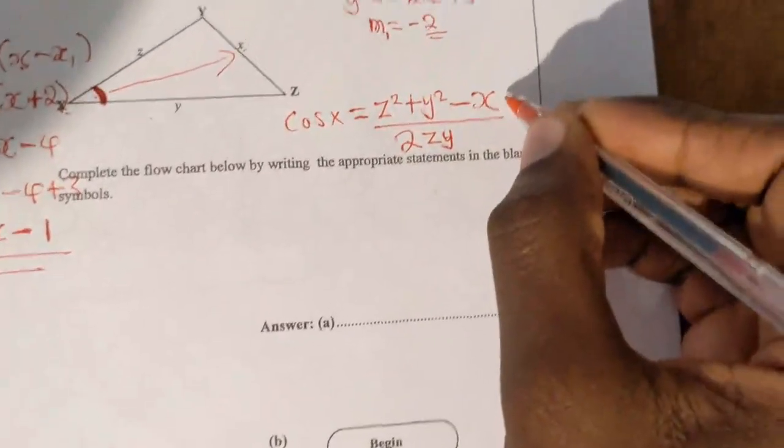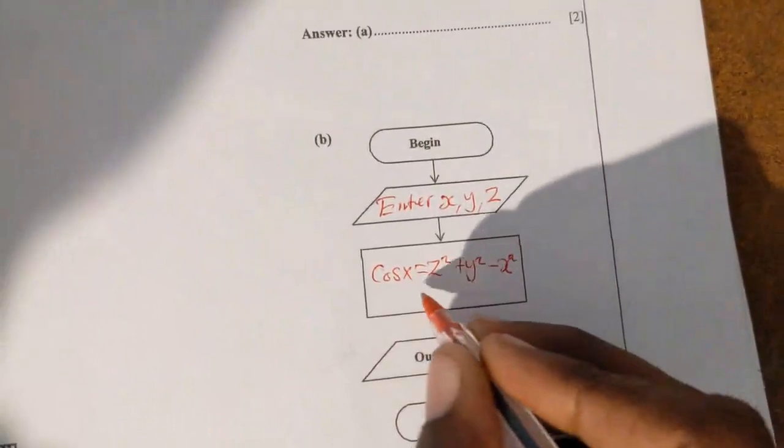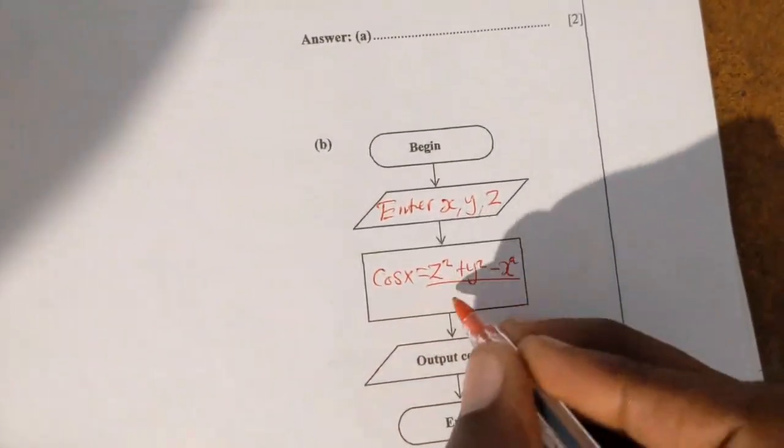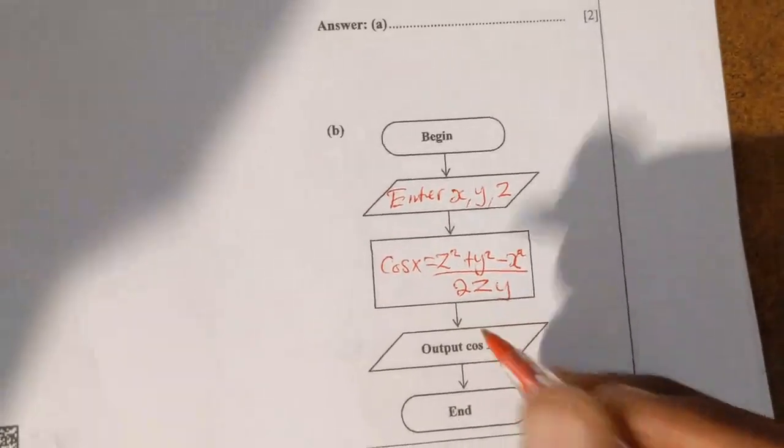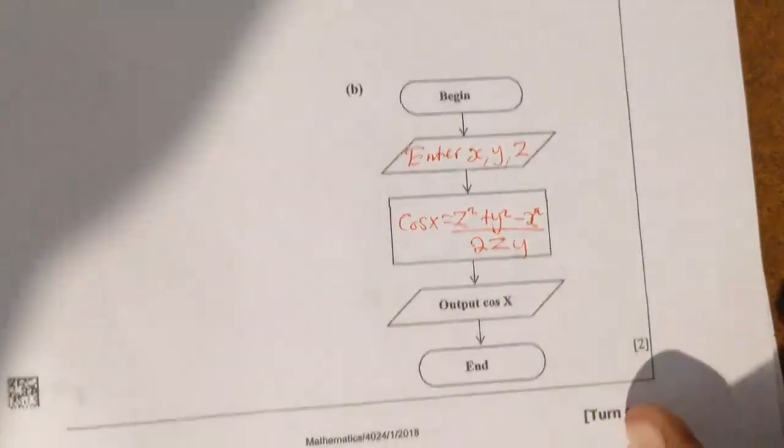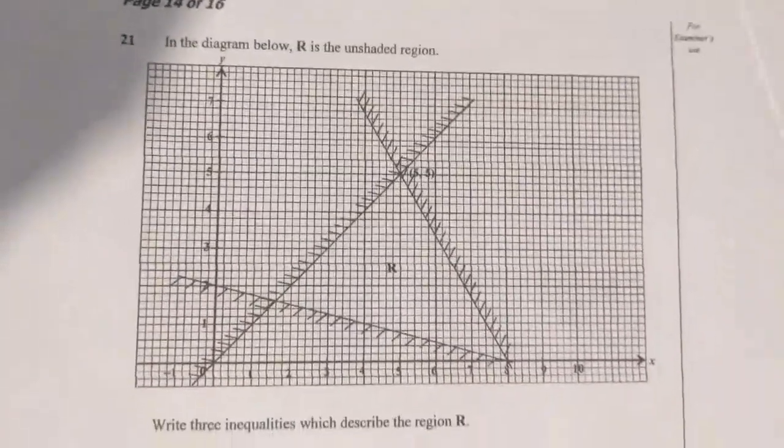Just copy it in here. Here you are supposed to square x as well. Then you divide by 2zy. Then you get your 2 marks, as simple as that. Then you're done.